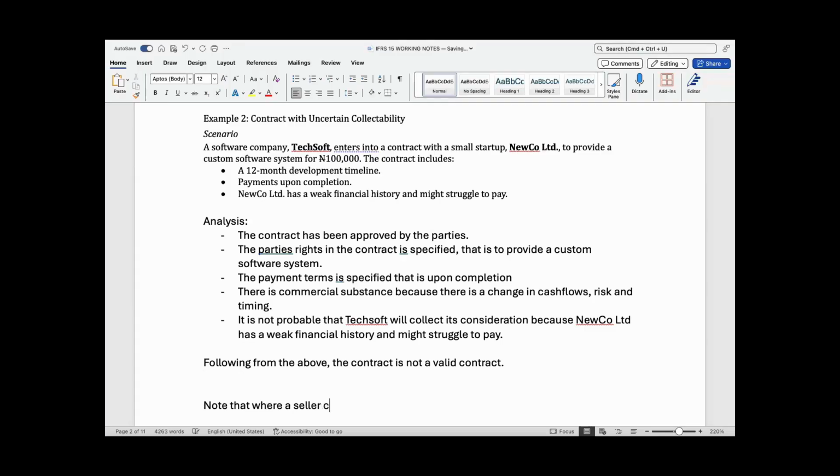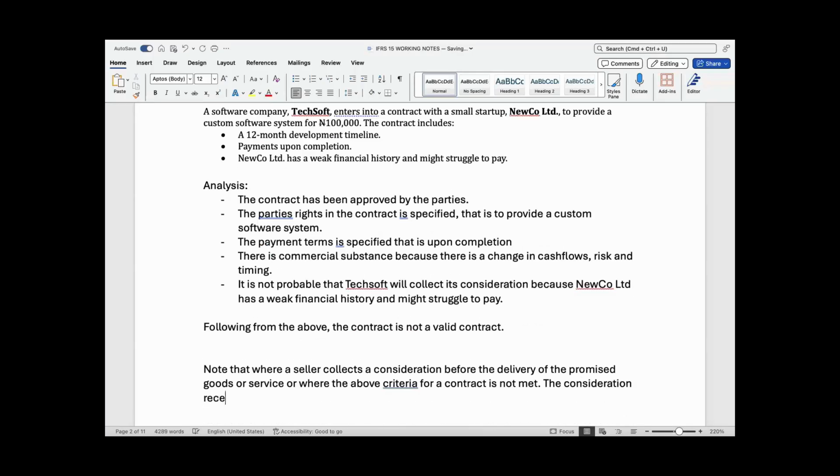So note that where a seller collects a consideration before delivery of the promised goods or services, or where the above criteria for a contract are not met, the consideration received or collected will be treated as a contract liability.